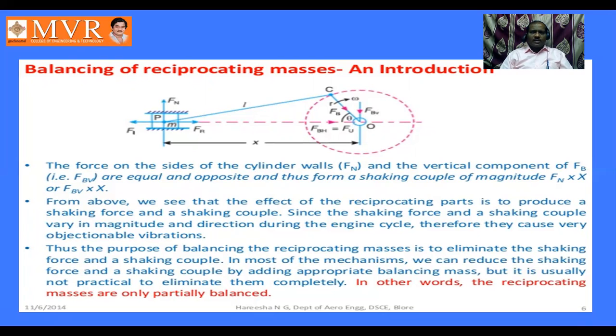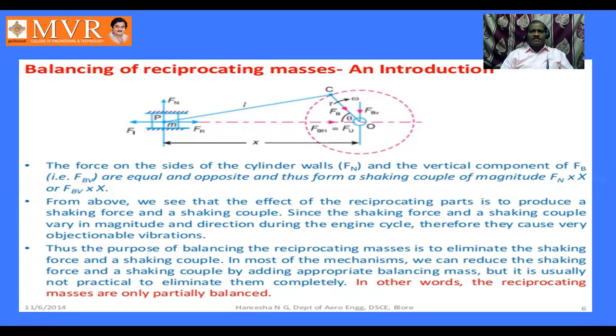Completely balancing is not possible as it is in rotating masses. That's why reciprocating engines or mechanisms produce vibrations, because nullifying the vibrations completely is not possible based on this theory.